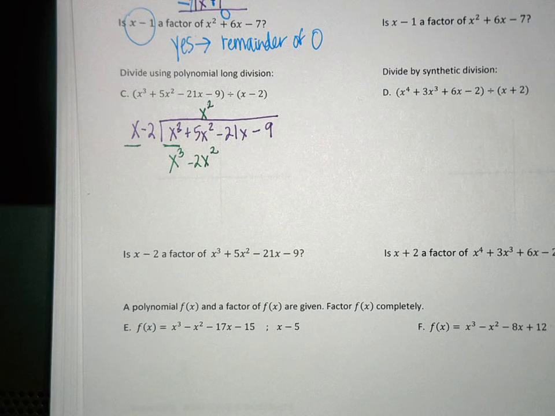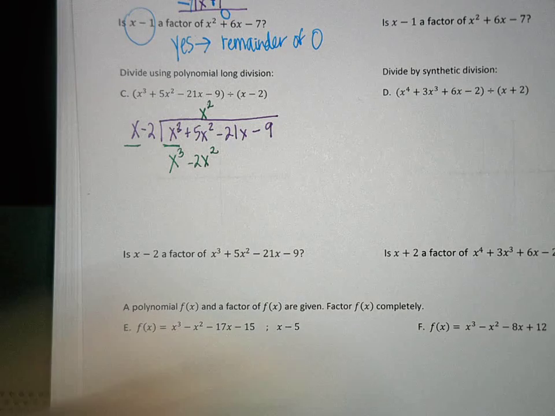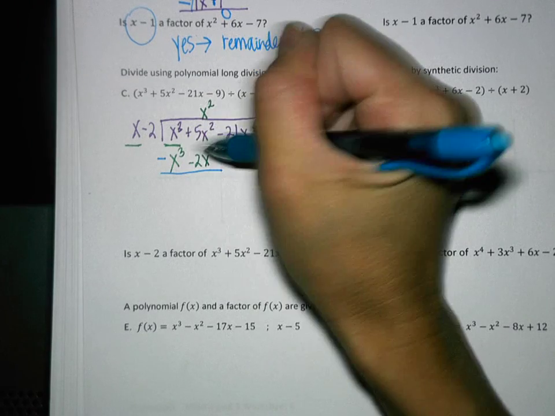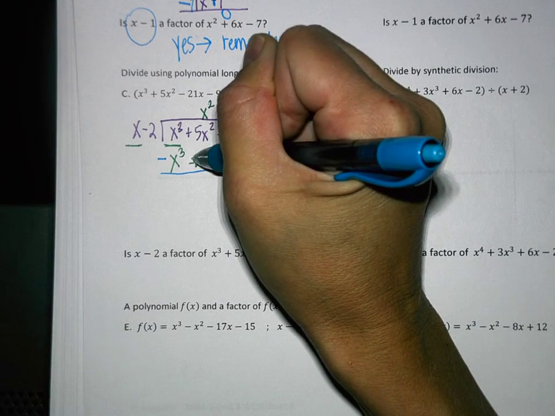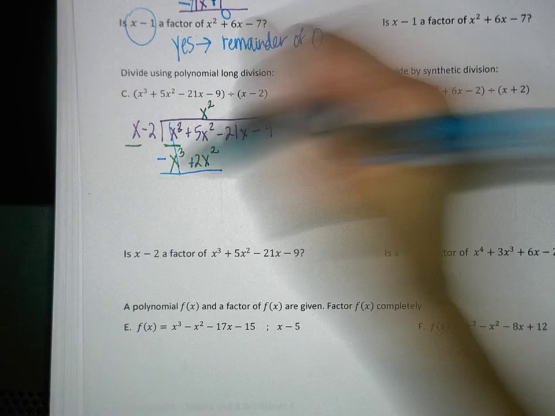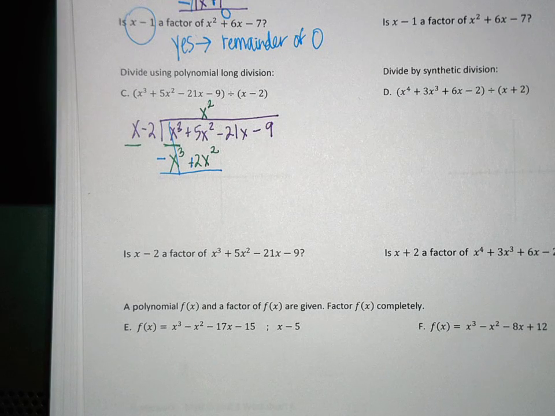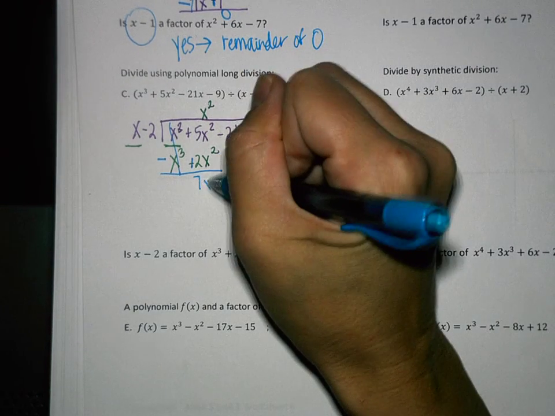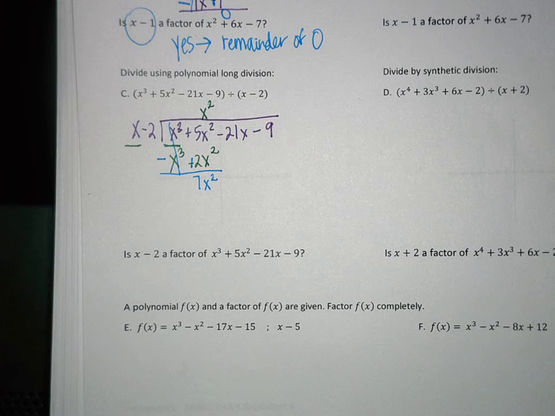What do I do now? We change our signs because we are subtracting. So this becomes a minus and this becomes a plus. These cancel. 5 plus 2 makes 7x squared. What is next? Very good.